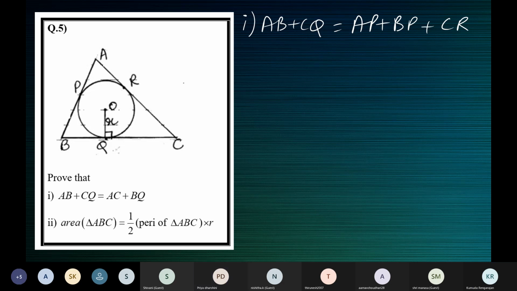Yes, ma'am. Okay, and CQ can be written as CR, right? Lengths of tangents are equal, ma'am. Correct. Length of tangents from the same external point to the circle are equal. CQ is equal to CR. I'll write it again.